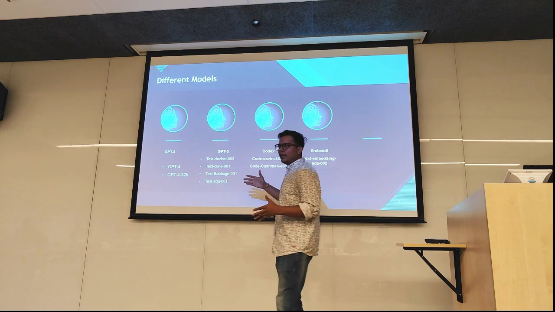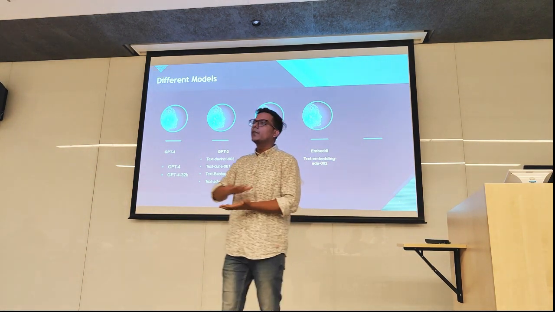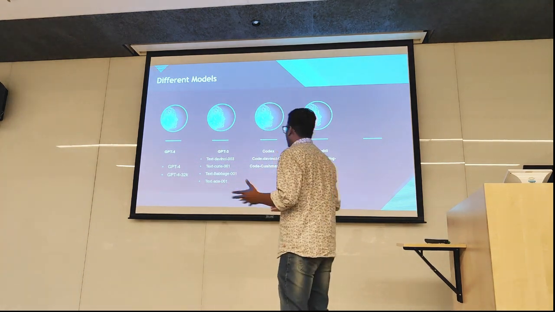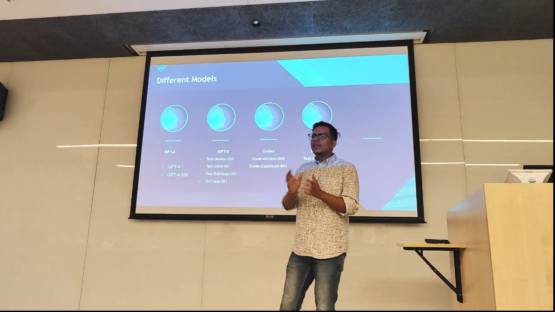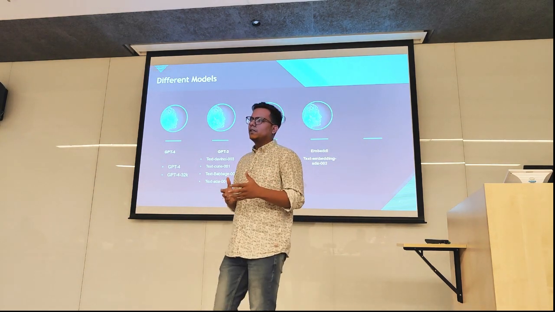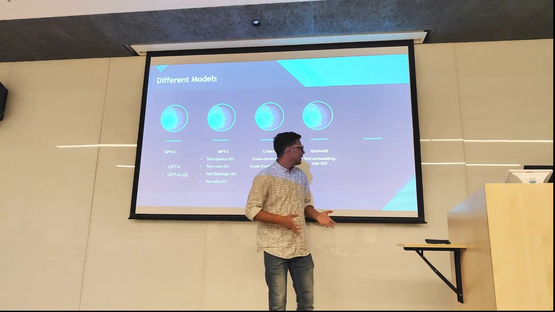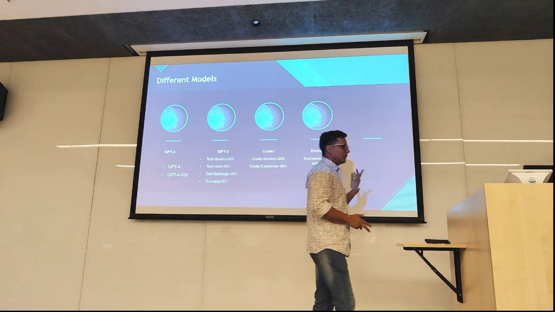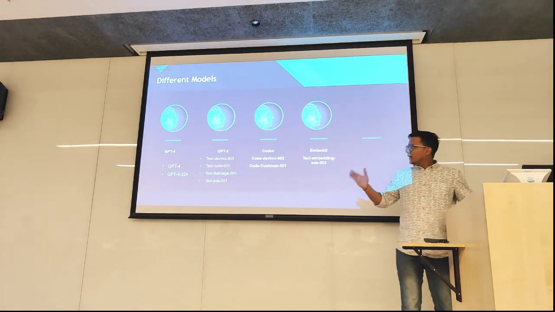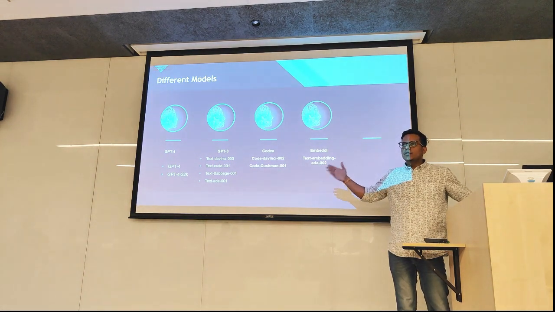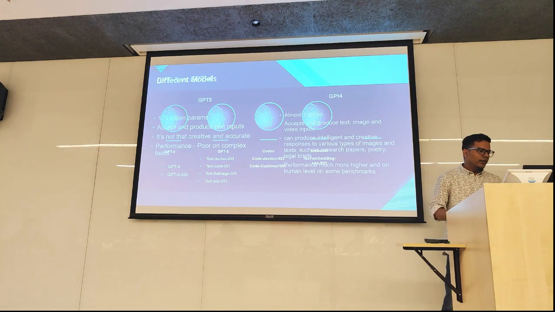I will not go into details, but I just wanted to give a view of how many models we have and how much we have progressed since OpenAI started working on this. The Codex models are mainly used for the translation of code, and embeddings are for large, very text-based data sets. So these are some of the different models that we have, but in the demo we will be talking about DaVinci, and we will see how we can take advantage of that.